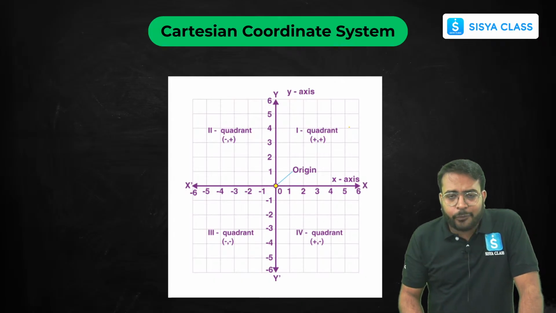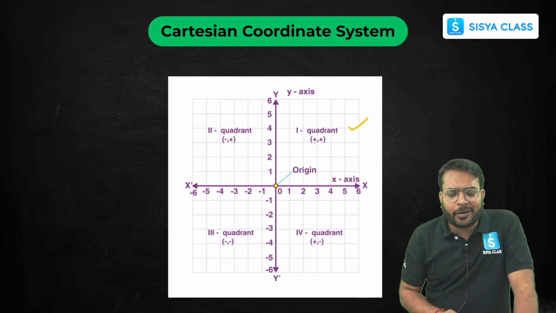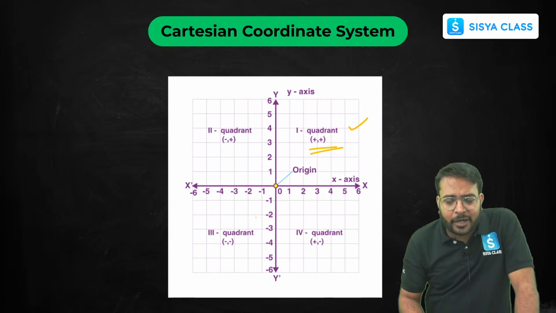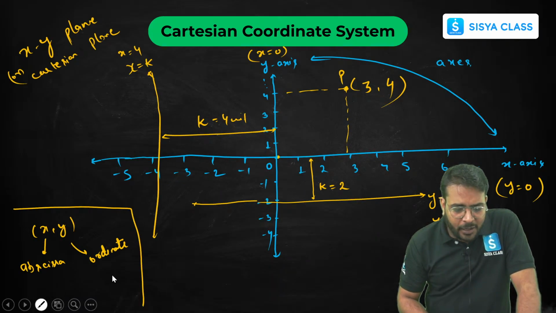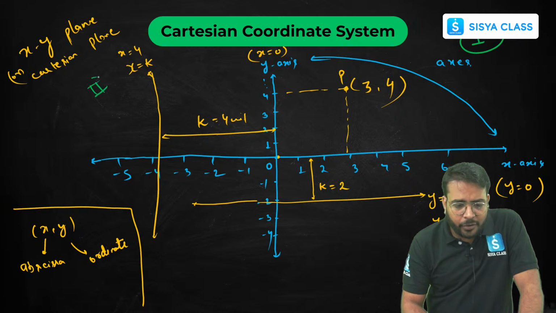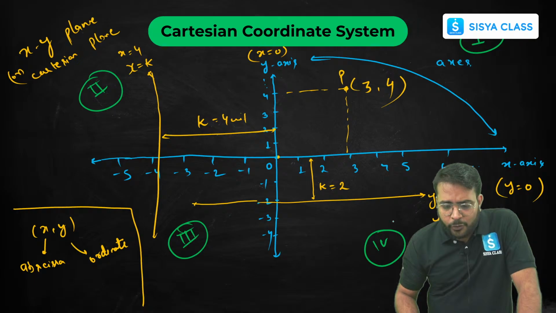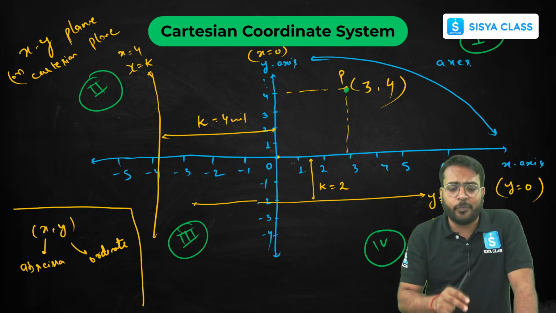In the first quadrant, if you take any point, the coordinates of that point are always going to be positive and positive. Can you see here? This is my first quadrant, this is my second quadrant, this is my third quadrant, and this is my fourth quadrant. Whenever you take any point in the first quadrant, the coordinates are always positive.